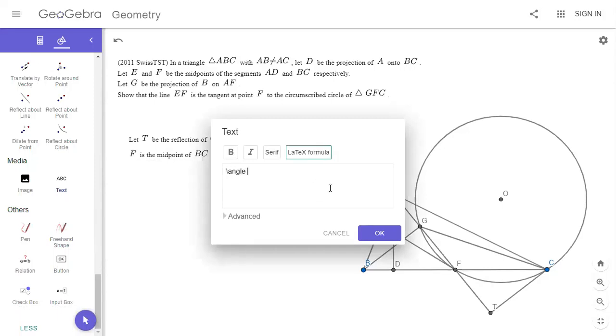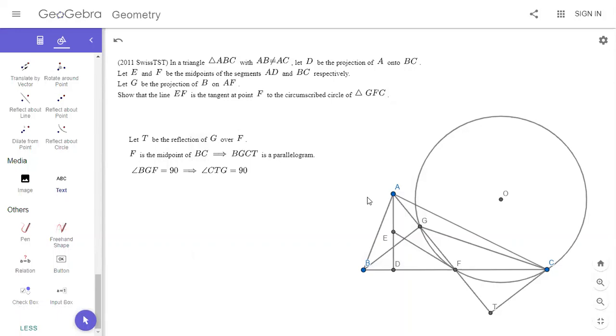So okay. And then we also have, hold on a sec.